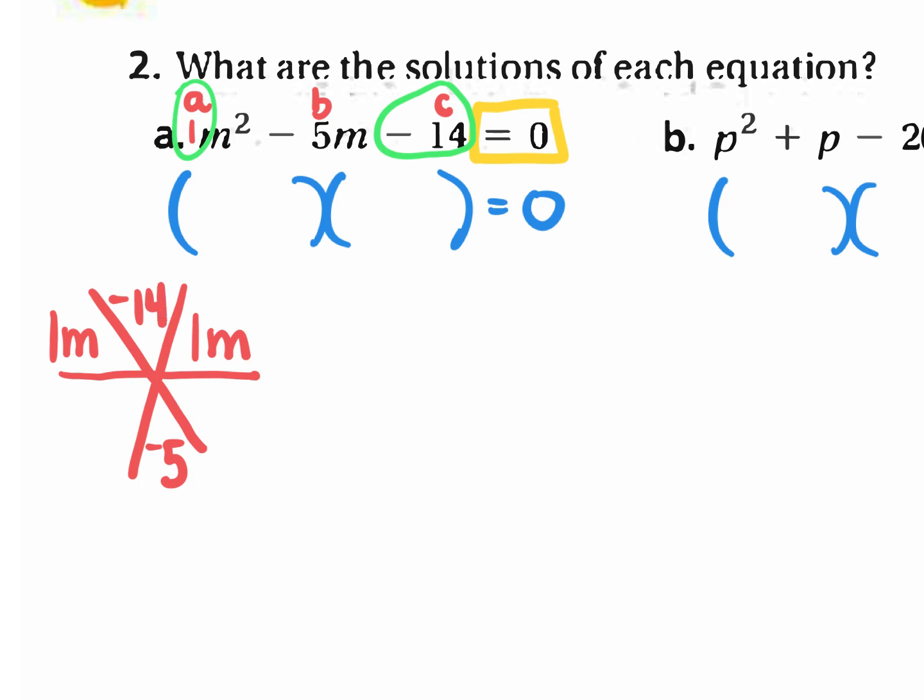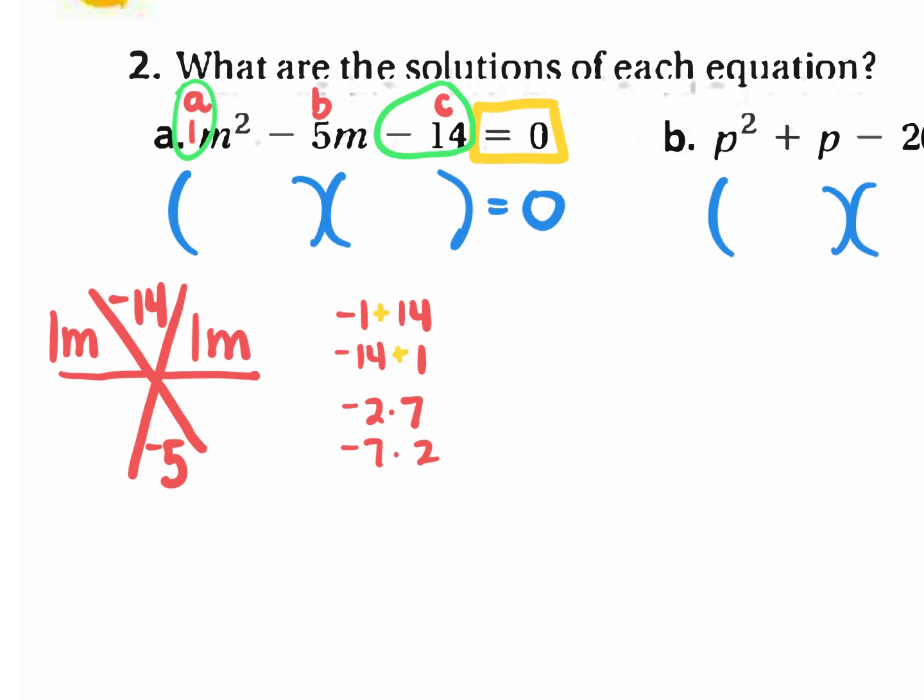Okay, so now I need to come up with negative 14. Is it negative 1 and positive 14? Or is it negative 14 and positive 1? Or is it negative 2 and positive 7? Or is it negative 7 and positive 2? And then you check the addition.